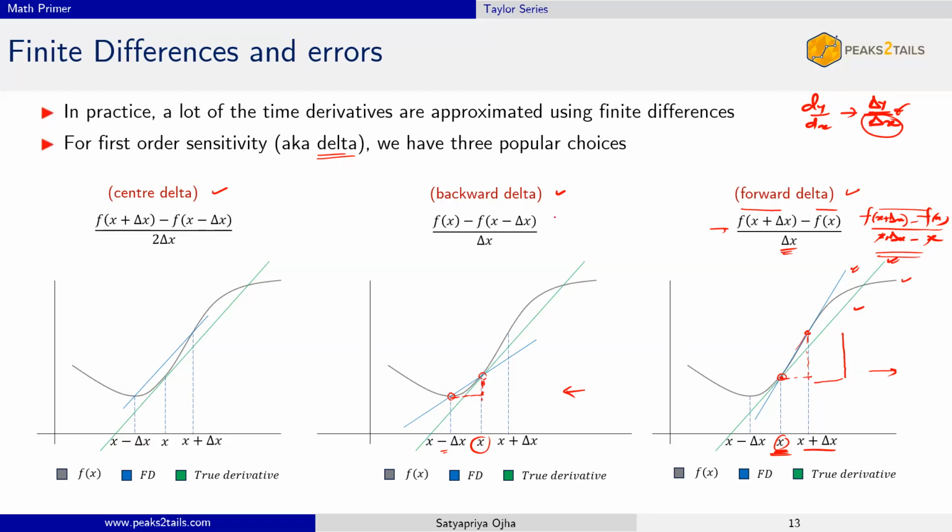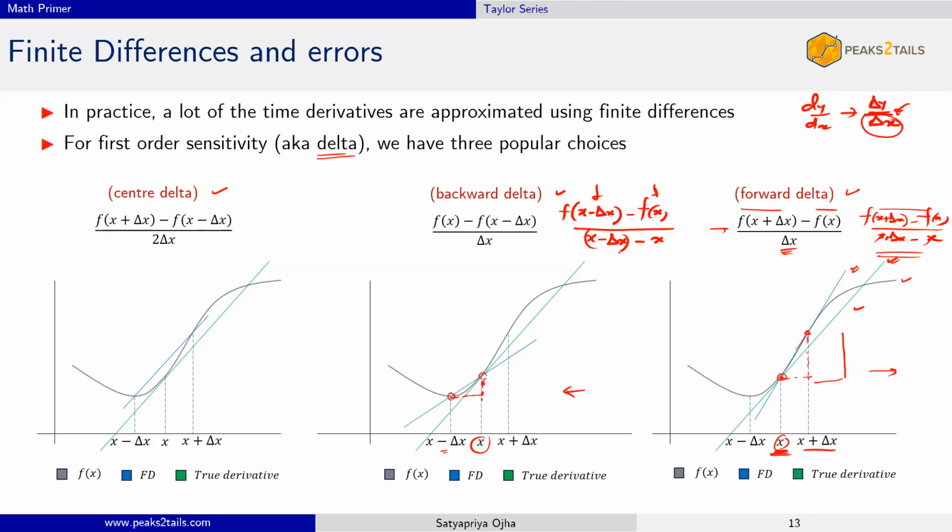Backward delta, you can write in two ways. One, I think the more natural way, is this. New y is this minus old y. Remember, we are shocking the x backwards, shocking it down. New y minus old y divided by change in x, which is new x minus old x, right?